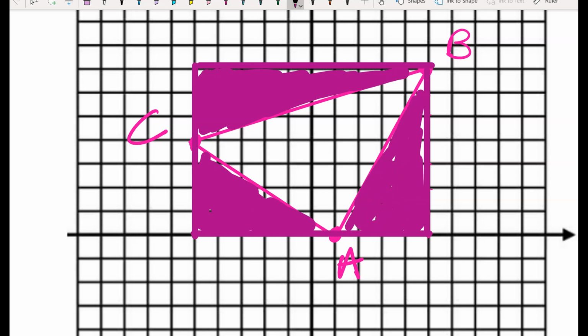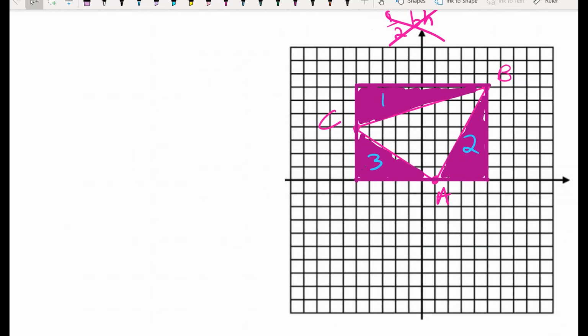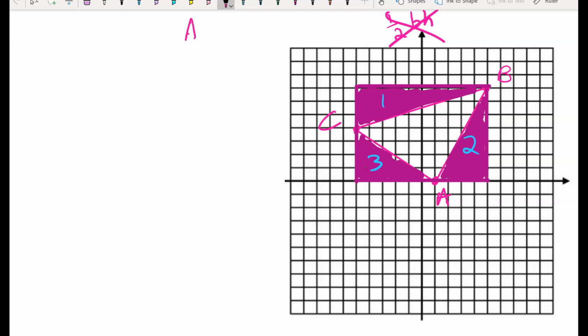Now, I can find the area of those triangles because they're right triangles, and the base and the height are just vertical and horizontal pieces. I'm going to label that as 1, 2, and 3. So the strategy here is going to be to find the area of the total rectangle, I'm going to call that the box, length times width, and subtract away the sum of the triangles around it.